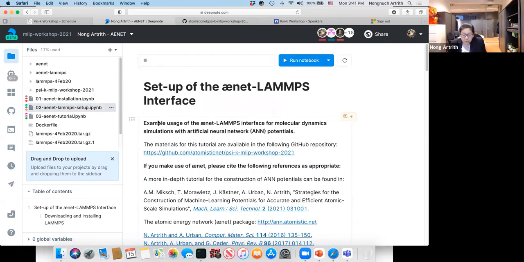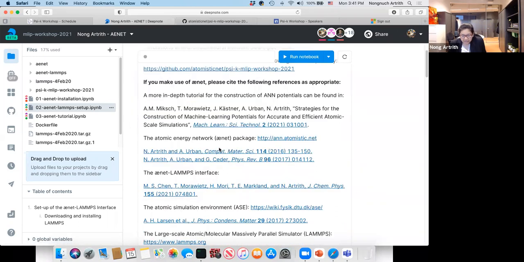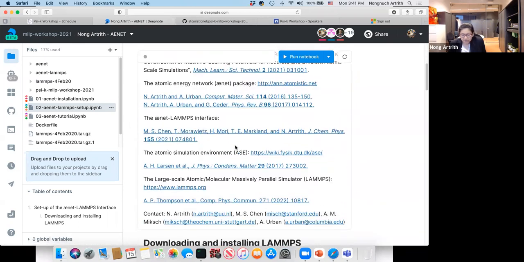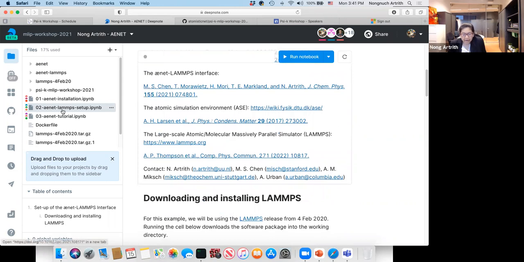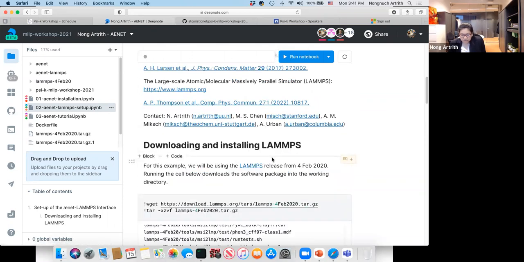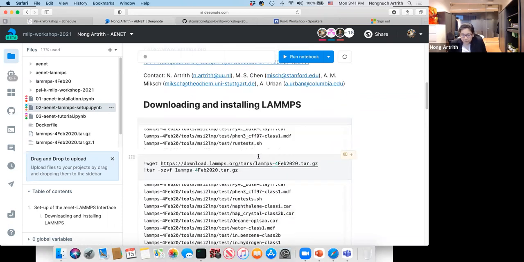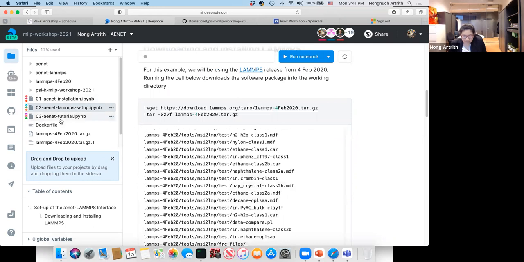So in this one, we also write down how to compile the ANET-LAMMPS interface. And again, if you are interested and want to learn more about this, we can discuss it later. I also compiled ANET-LAMMPS for everybody so that you can just use it. But the real tutorial for this workshop is this one, 03 ANET tutorial.